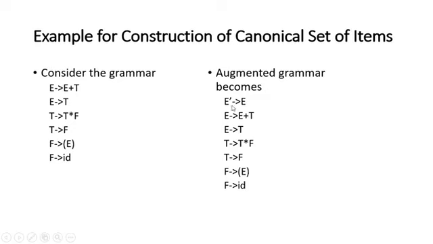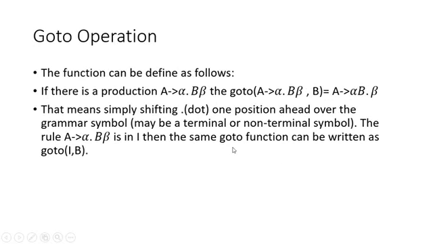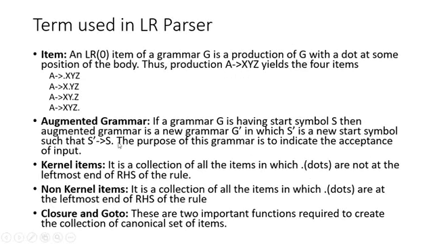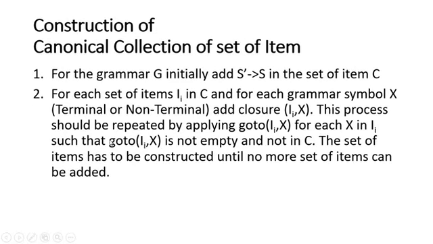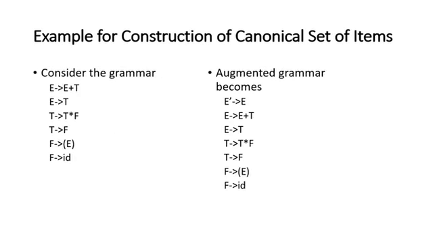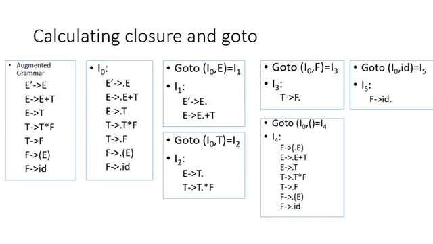This is called an augmented grammar. If there is a starting symbol S, then S dash is added in the beginning. In this case E is the starting symbol, so E dash is added in the beginning. Now let's calculate the closure and the goto of each grammar.